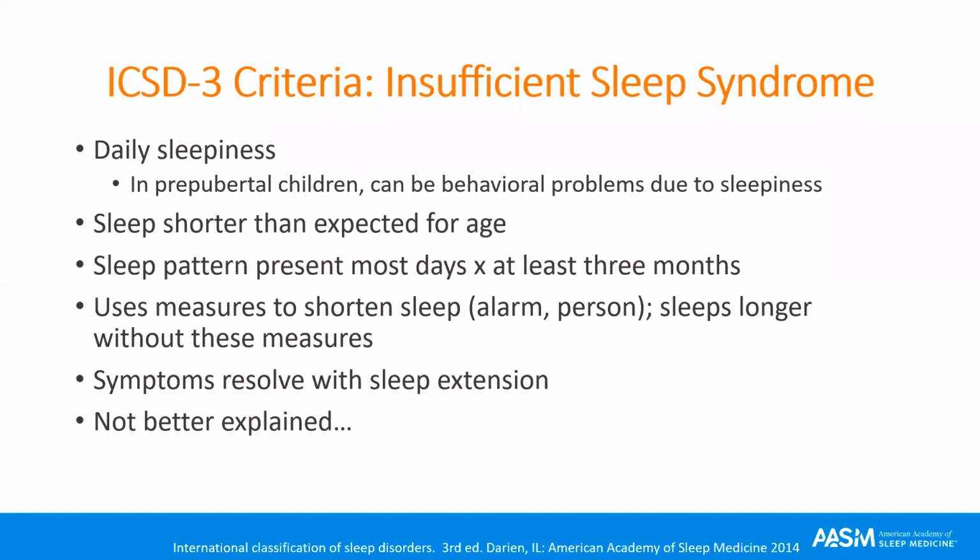And symptoms will get better with sleep extension, at least if sleep is extended for long enough. So lots of people will have chronic insufficient sleep, sleep 8 hours one night and say, but I'm still sleepy, it didn't work. So you have to keep in mind that it takes some time to recover with sleep extension. And like all of these disorders except for one, if you're going to make the diagnosis of insufficient sleep syndrome, it can't be better accounted for by something else, another medical problem, another sleep disorder, and so on.